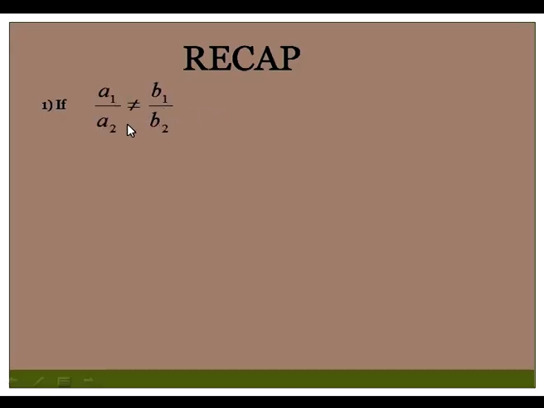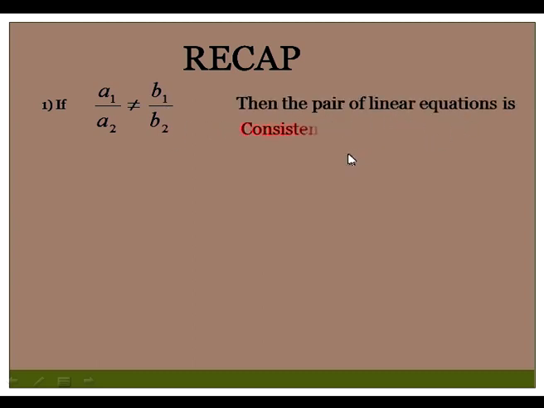So children, we have learnt how to graphically represent the given pair of linear equations and what would be the nature of the graph. Let us quickly recap whatever we have learnt. If a1/a2 is not equal to b1/b2, then we can say that the pair of linear equations is consistent and independent.